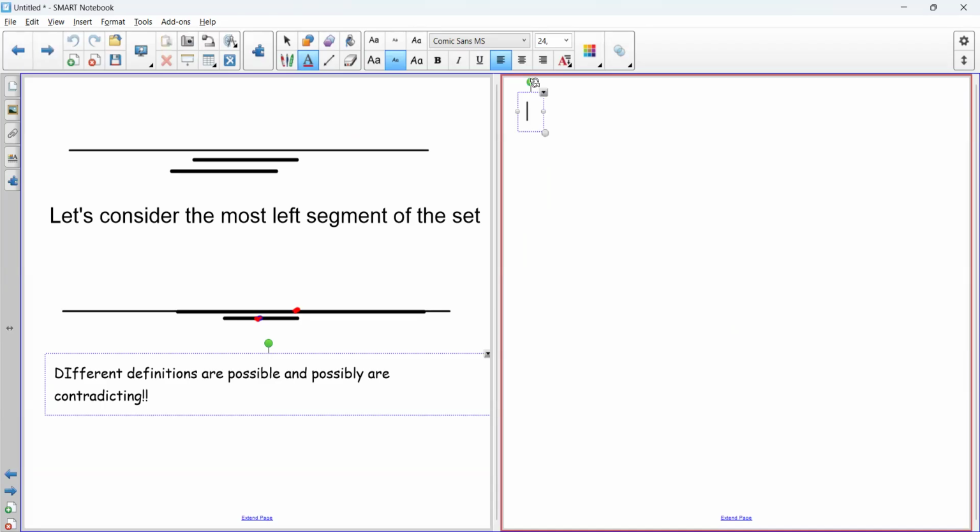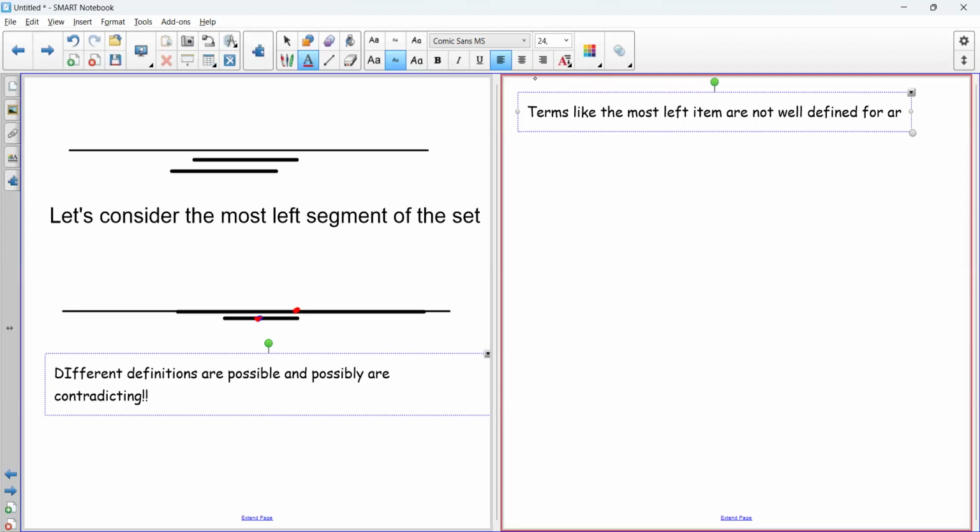So terms like the most left item are not well defined for arbitrary figures on a plane.